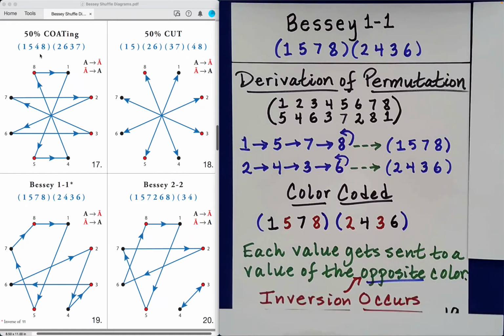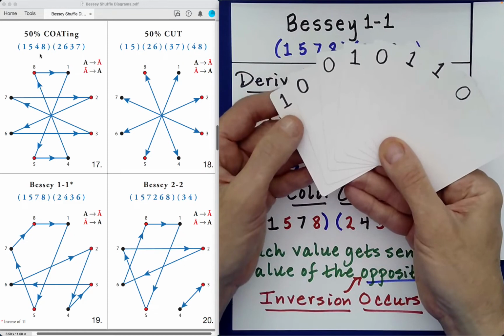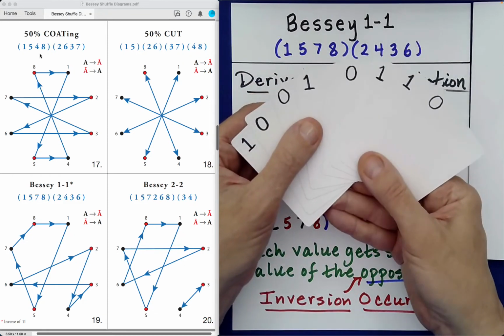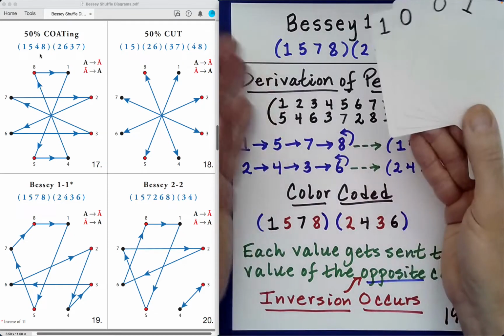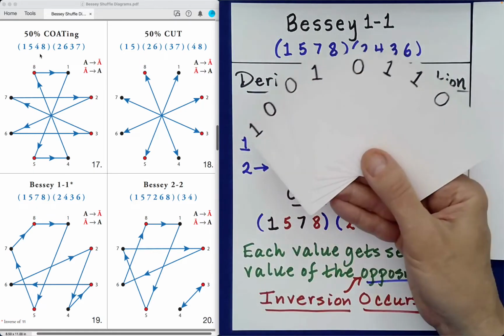And when that happens, we know that inversion has occurred. So in particular, this tells us that if we begin with the Bessey sequence 1001, 0110, and perform a Bessey 1-1, we will get an inversion of this sequence.